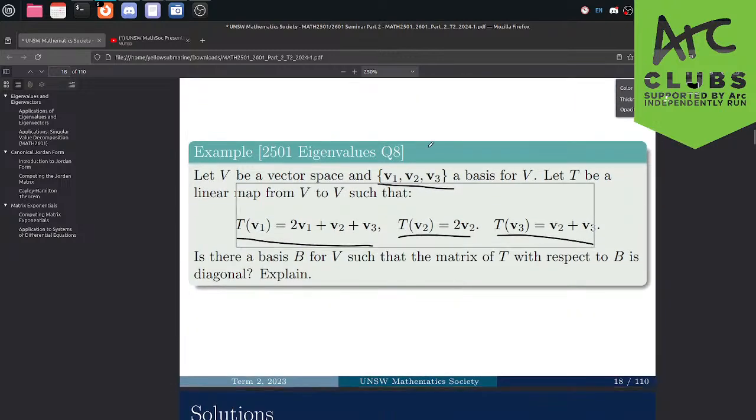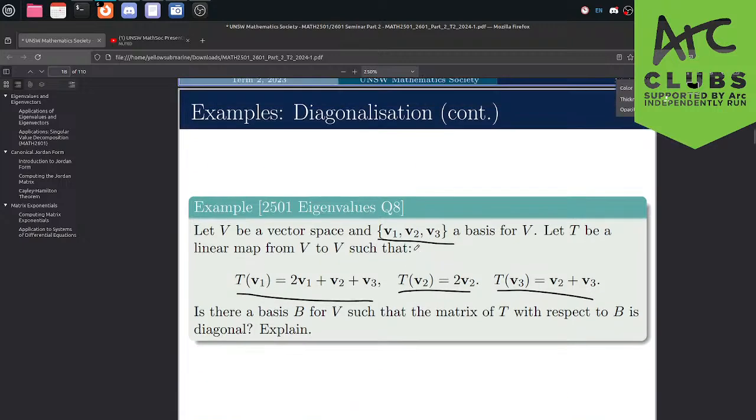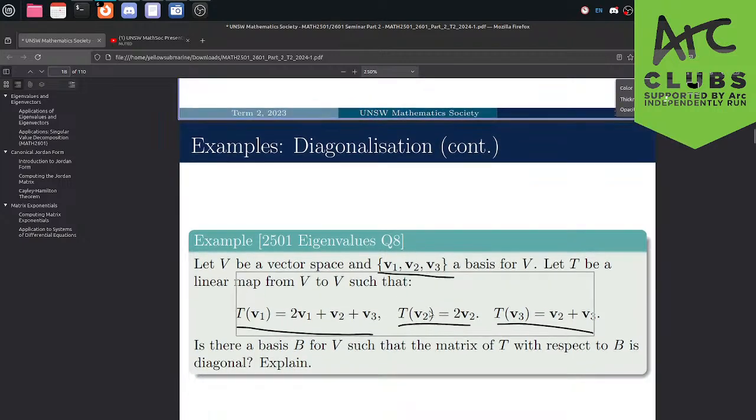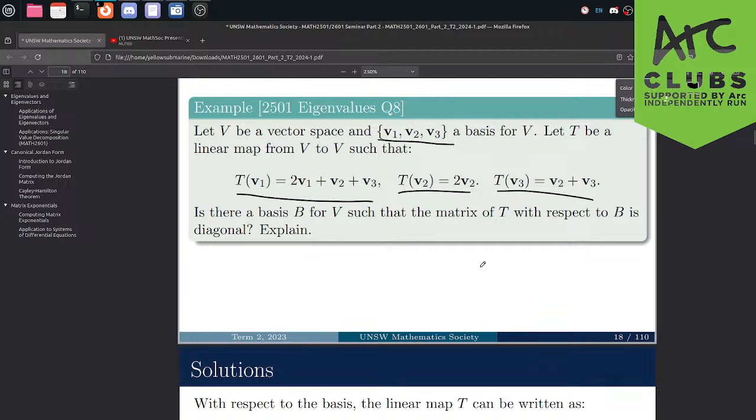So if we can find T in this particular basis here, right? So if we find the matrix for this particular basis, and then try and find its eigenvectors and eigenvalues, we can check if the geometric multiplicities add up, right? Our eigenvectors might change, but the dimensions of the eigenspaces will never change for different bases. So we can just use this particular basis here.